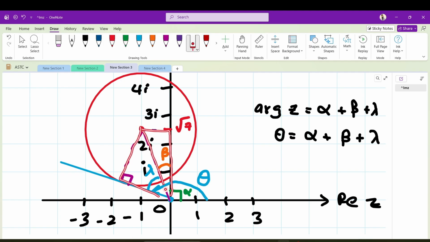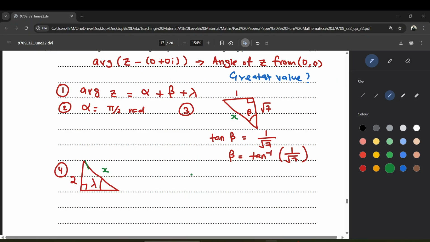So if I can find this x, I can simply use Pythagoras theorem to work this out. So I can say that x is equal to root of 7 whole square plus 1 square, and that would give me root 8. So this root 8, that is what the value of x is.